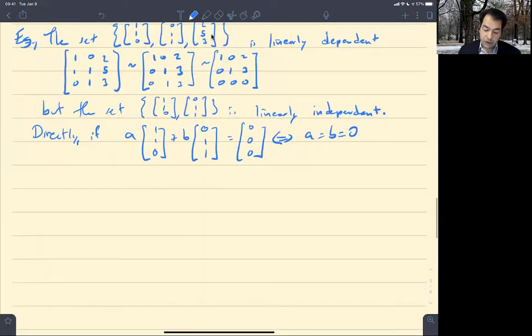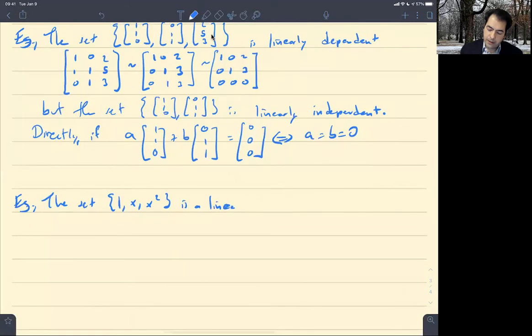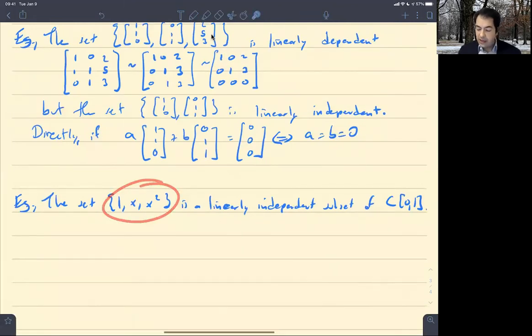Okay, let's do another example. So the set 1, x, and x squared is a linearly independent subset of the continuous functions on [0, 1]. Okay, so I'm going to take a linear combination of these and I'm going to set it equal to 0. Okay, so notice that my vectors are continuous functions.